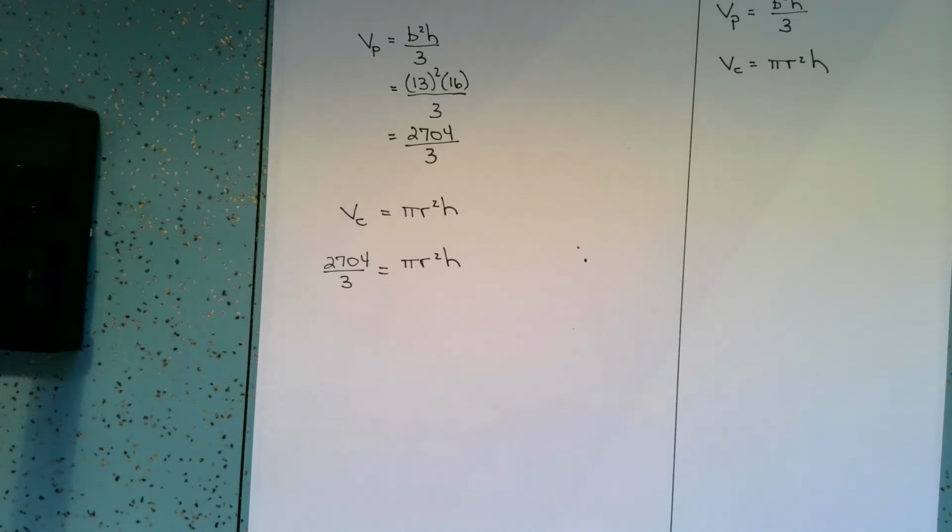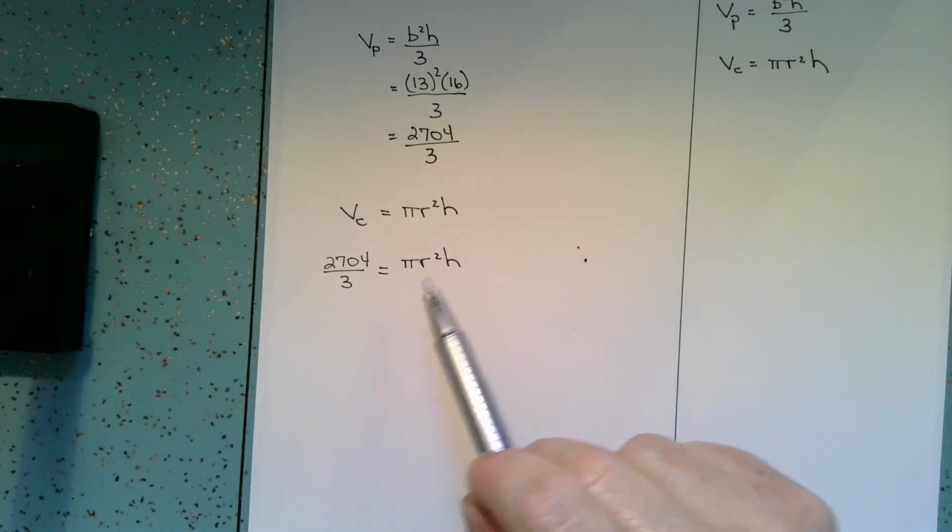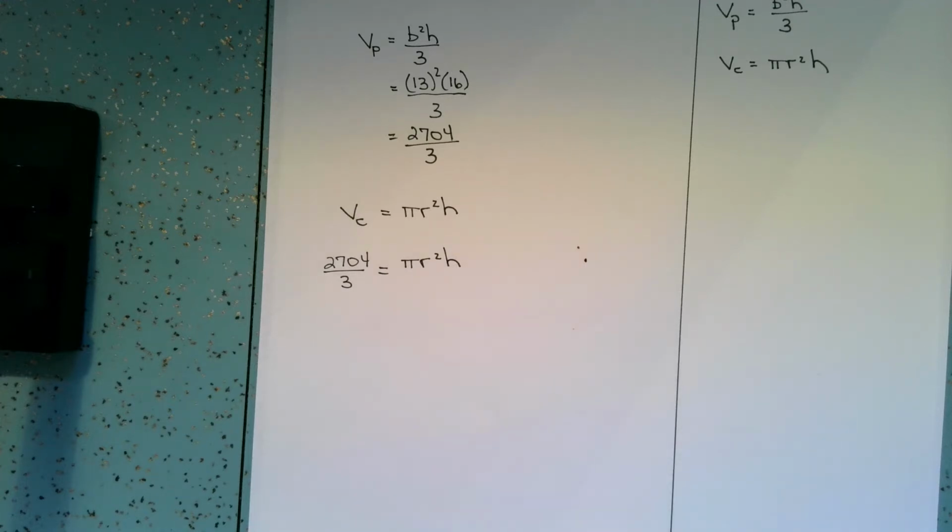I have no other information, which is a problem here. Because I have two variables and no other way to solve it, the only way I can do this is to let one of the variables be equal to something.